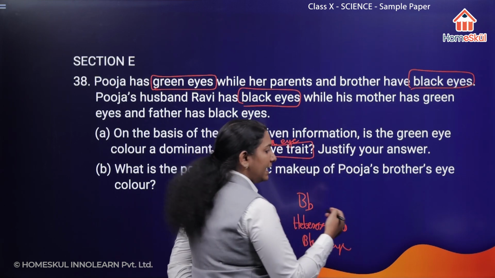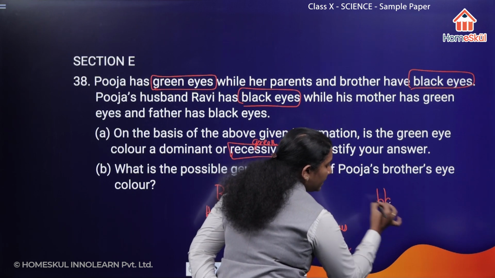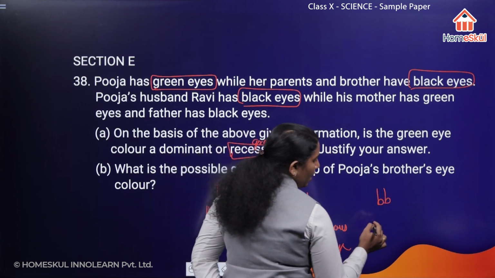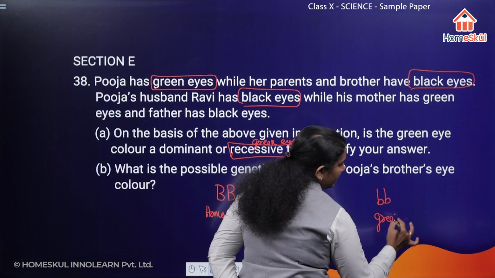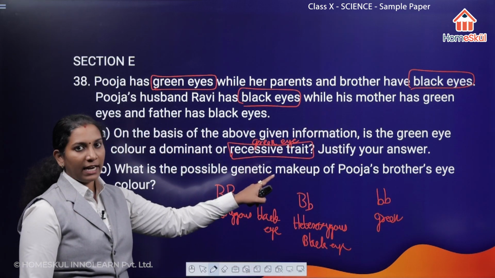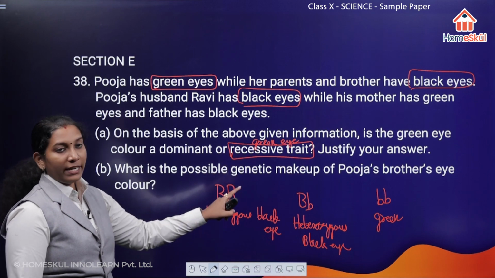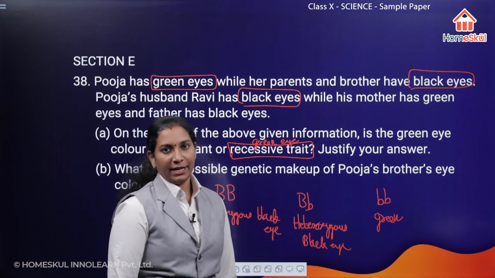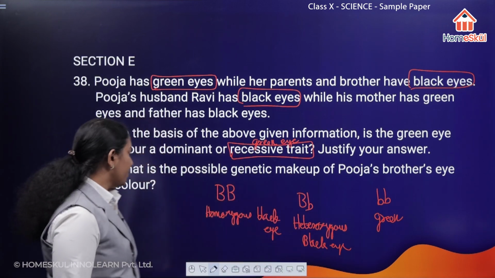So what type will the green eye color be? It is small b, which is a recessive eye color, the green eye color, and it expresses only in its homozygous condition. So that is the answer.